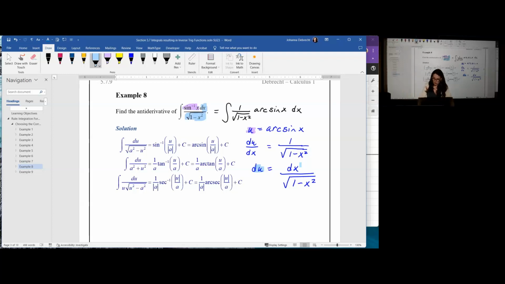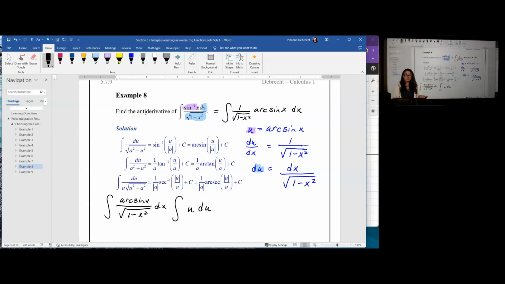Let's now take a look at the rewrite of this equation. We're going to rewrite the arcsine of x divided by the square root times the differential dx. We're going to replace the arcsine with u, and we're going to replace dx over the radical with du, which means that I simply have, yep, that's right, that's all I've got, u du.